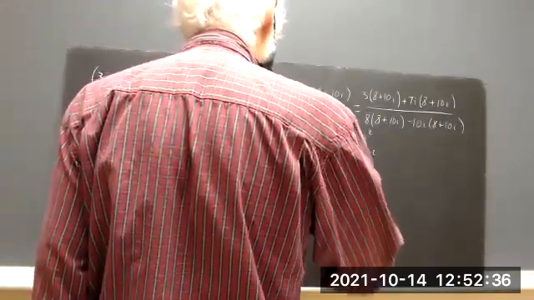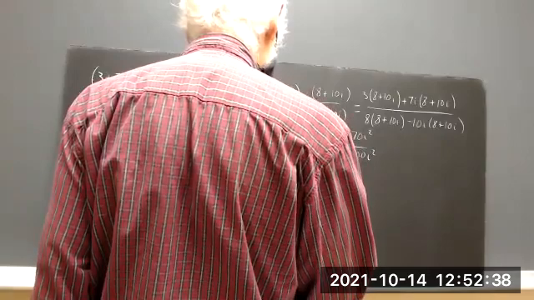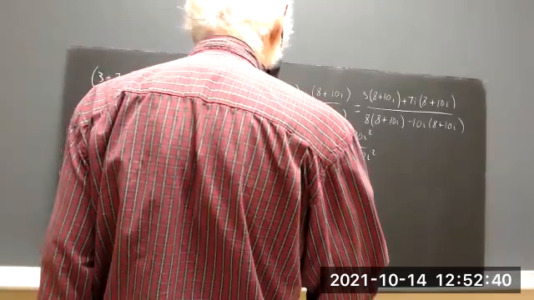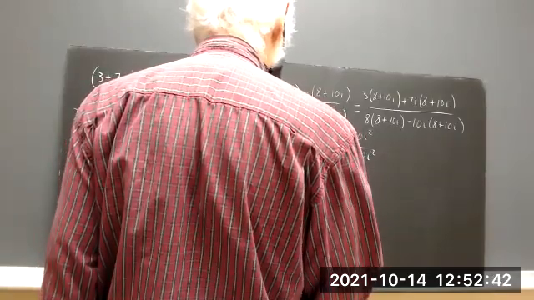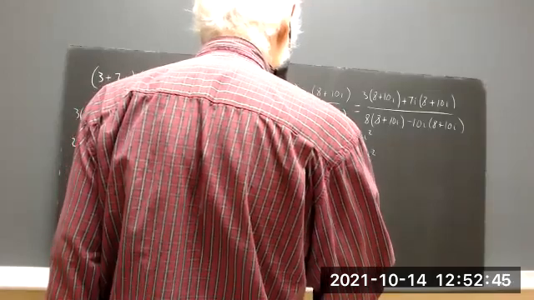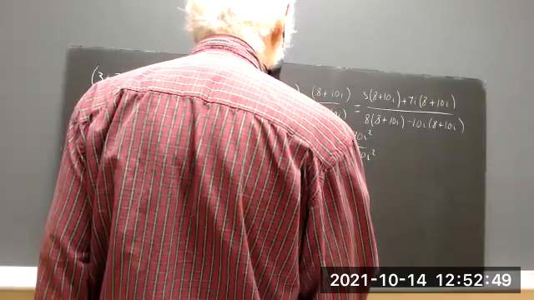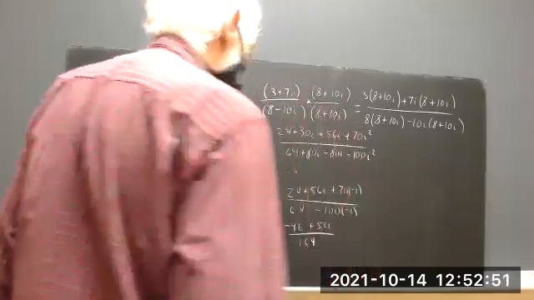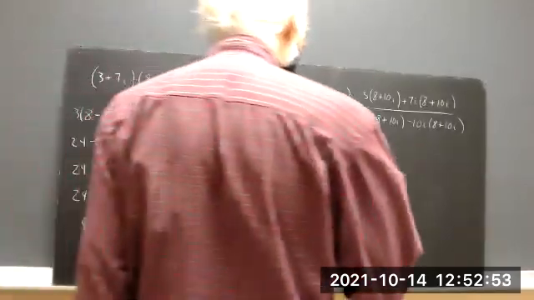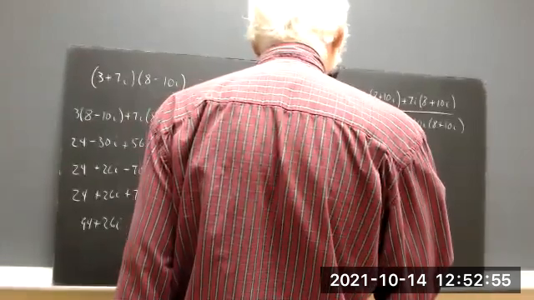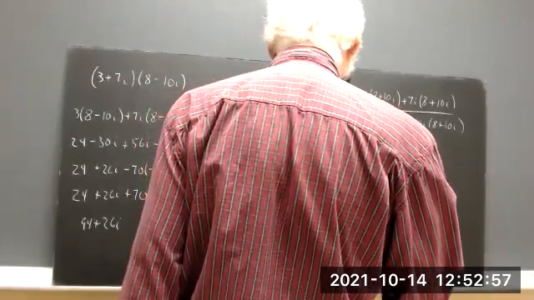You get 24 minus 70, which is negative 46. So minus 46 plus 56i divided by 164. Then we write this in the final form of complex numbers.